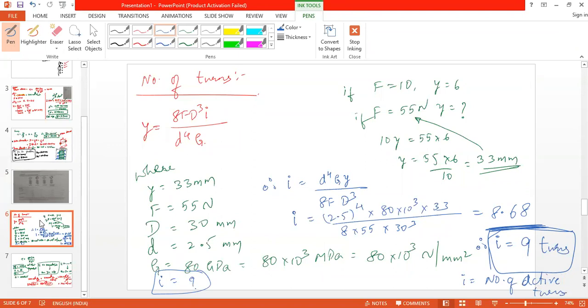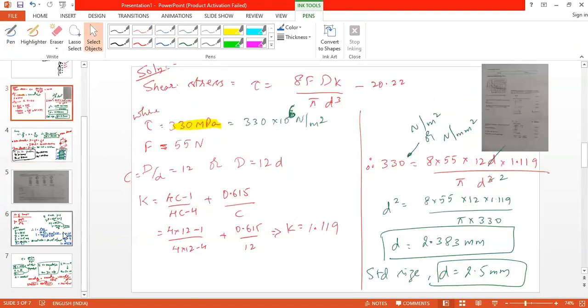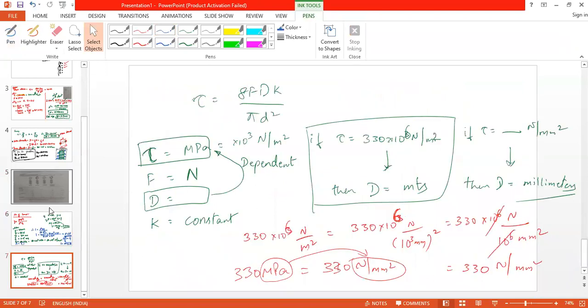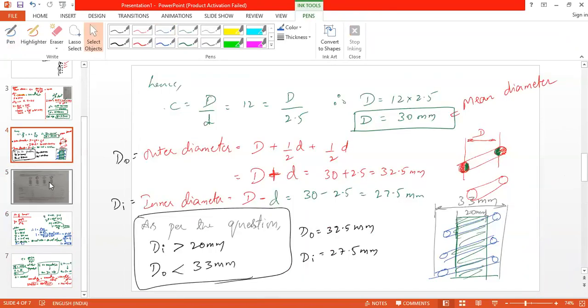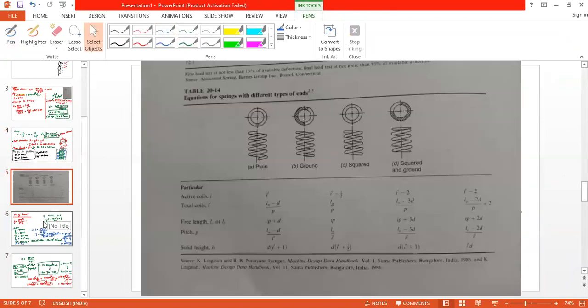But to find the overall length of the spring, you need to know the total number of turns. So if you choose the squared end, then you have to add 2 coils to the total coils. I is 9, so I plus 2 is 11.